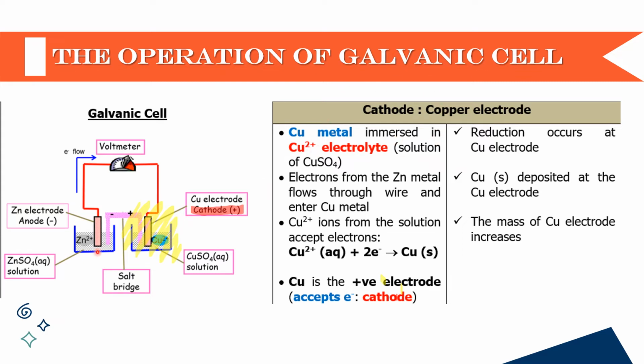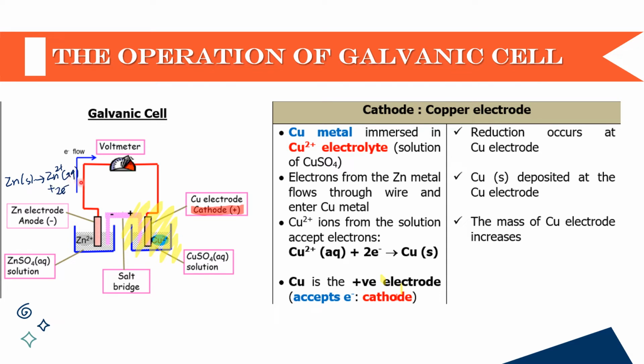At the cathode half cell, we have our copper metal immersed in copper 2+ electrolyte. This copper 2+ electrolyte came from our copper sulfate solution. At the zinc electrode, the anode, zinc solid dissociates to zinc 2+ aqueous plus 2 electrons.